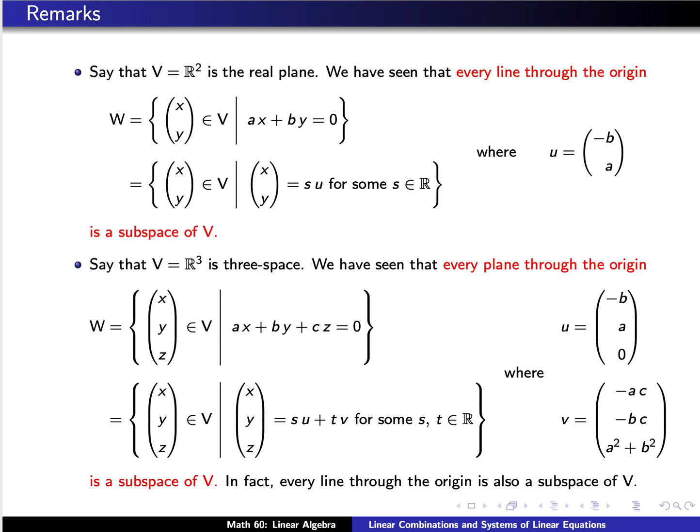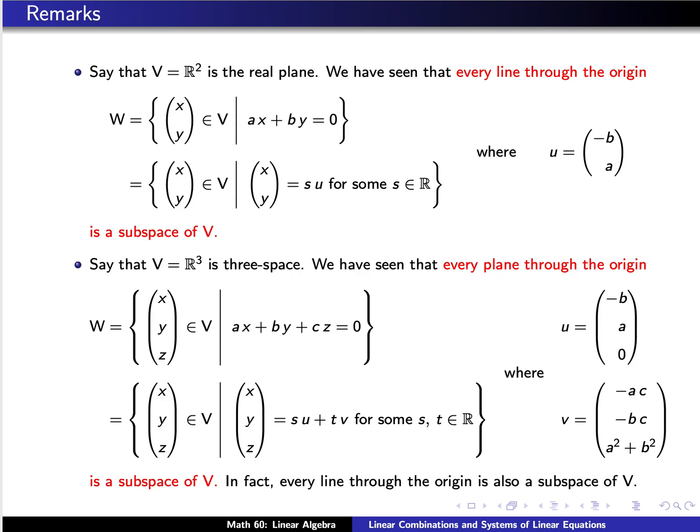Let's consider now V to be R3, namely 3 space. As we've just worked out, every plane through the origin is a subspace of V. You may recall that one way you can express the equation of a plane is by saying that it's the set of vectors x, y, z in 3 space so that ax plus by plus cz equals 0.